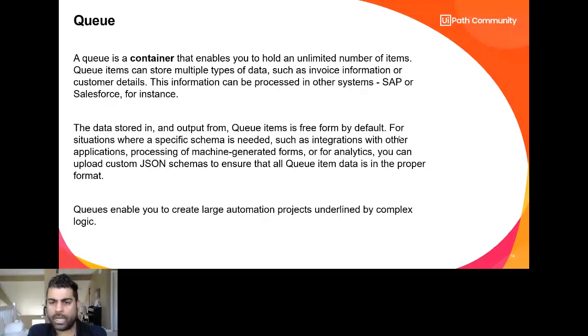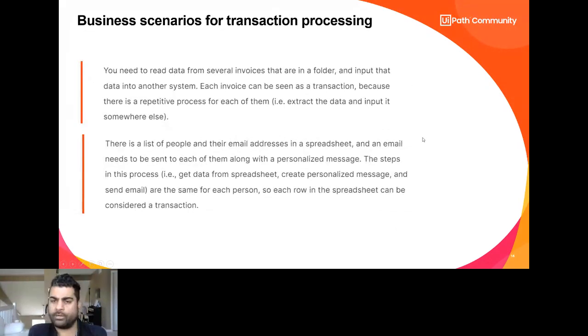The item can be your invoice information, or your email information. Out of the box, the queues are free-form data, but you can also configure your queues with a specific schema in JSON format. Queues enable you to create large automation projects underlined with complex logic, and we will take an example of how to create a queue in our framework.